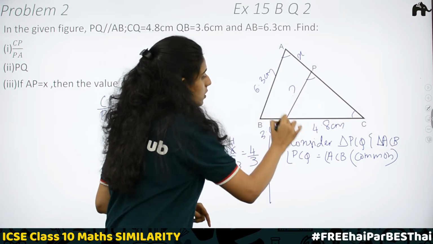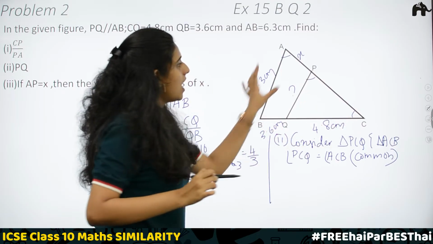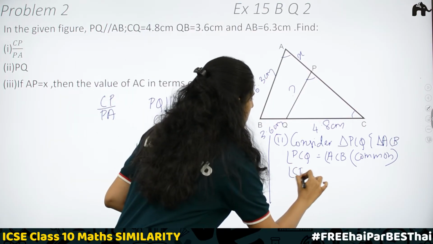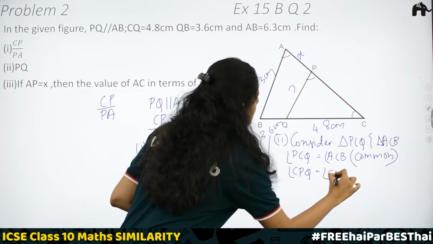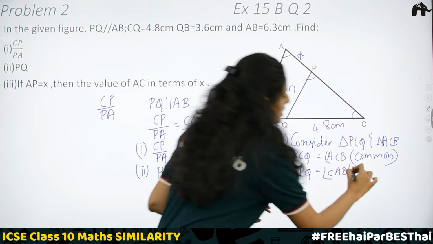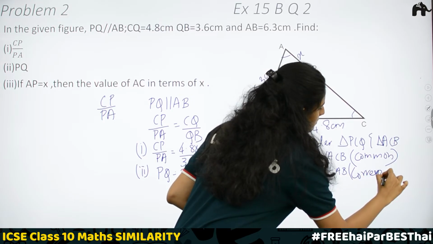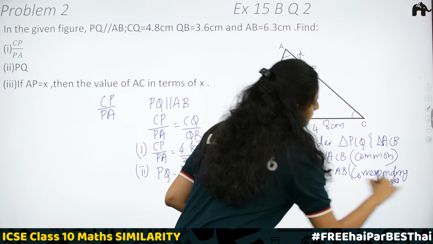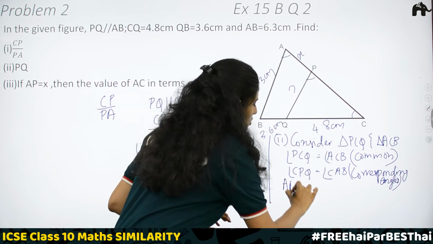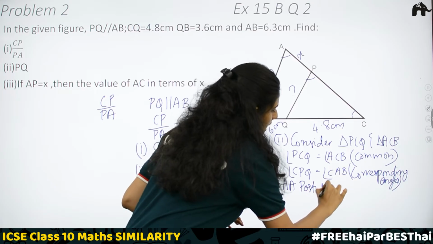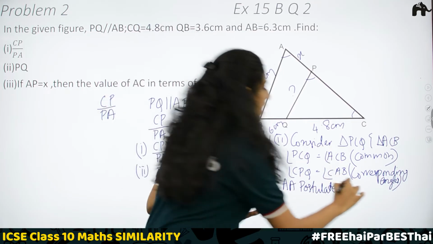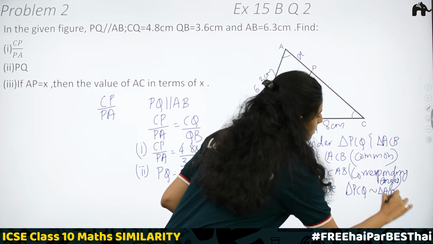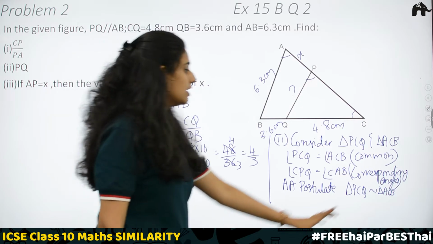Angle CPQ and angle CAB are equal. Reason, corresponding angles. So using the AA postulate, triangle PCQ is similar to triangle ACB.